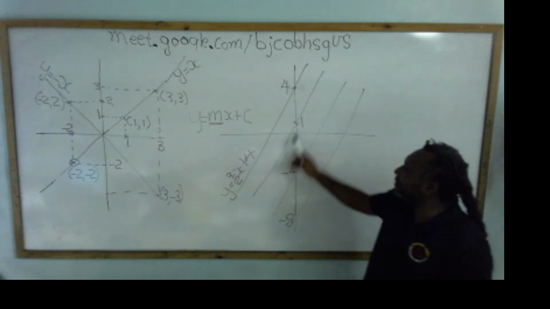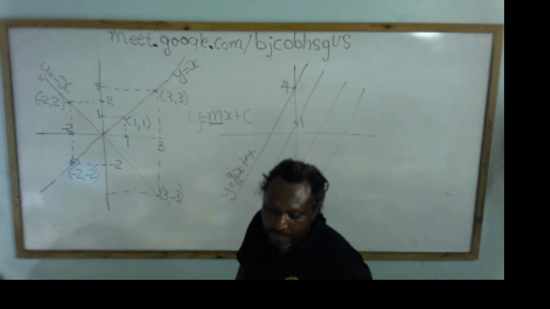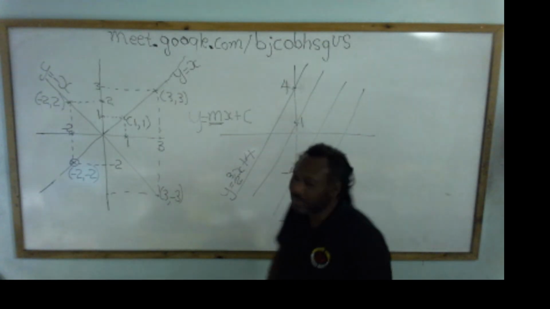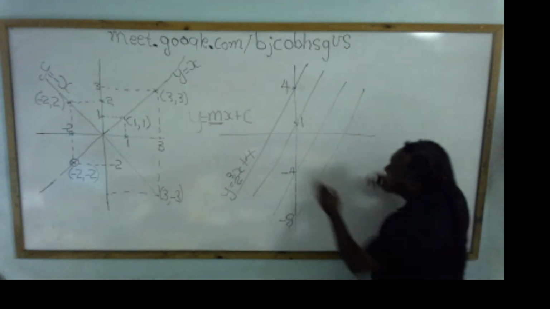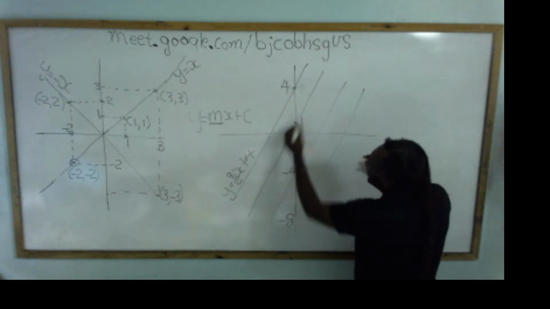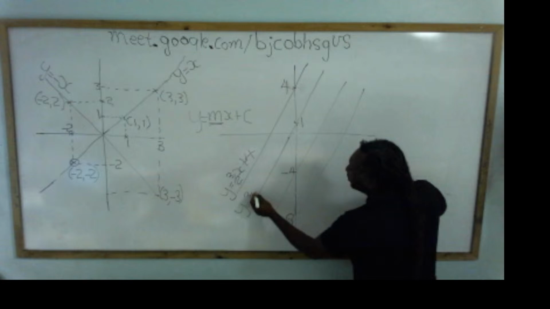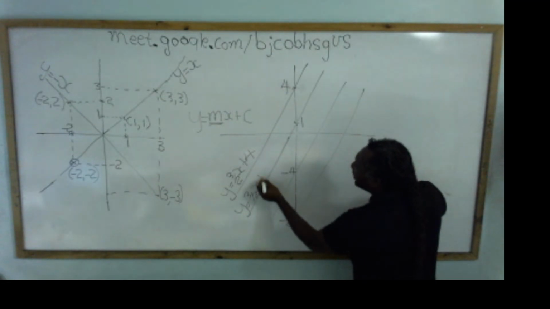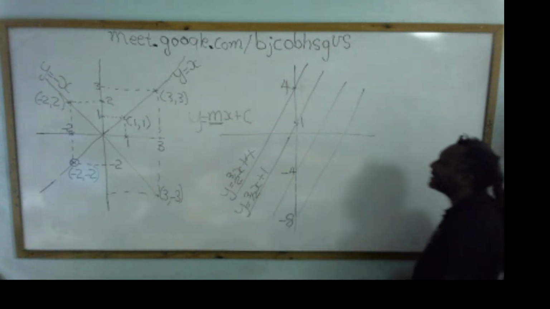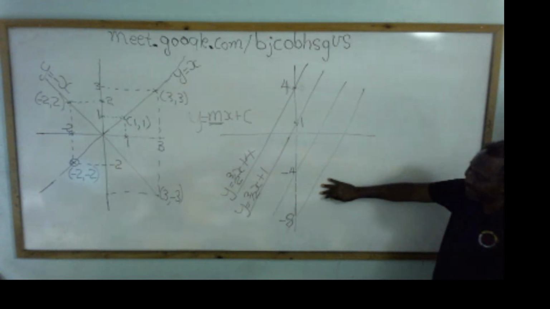So what is the equation of this one? That one passes through y is equal to positive 1. So this one is y is equal to 3 over 2x plus 1. The gradient is the same. This one, what's the equation of this one?